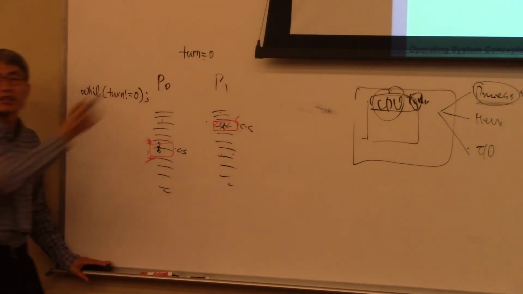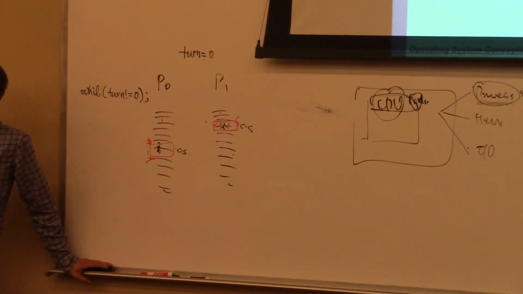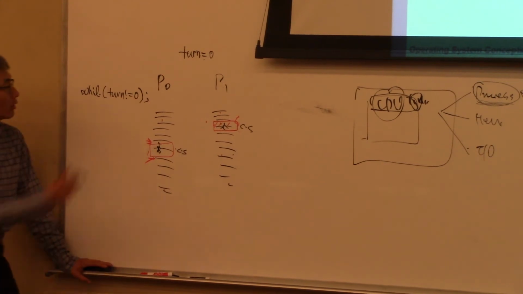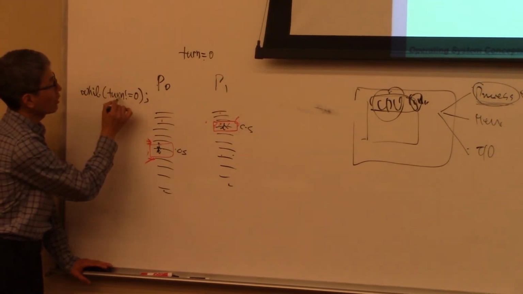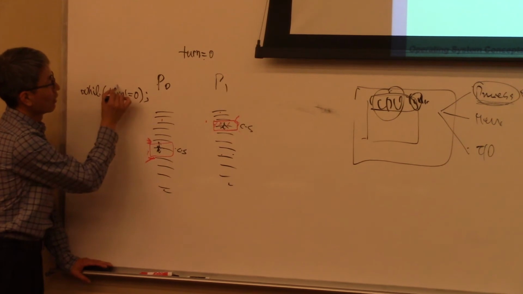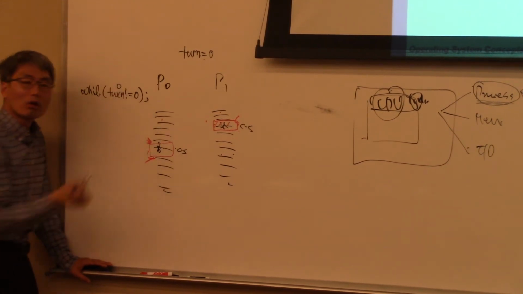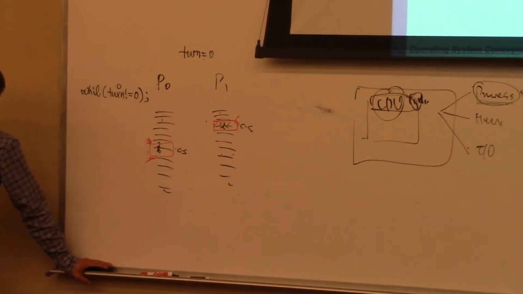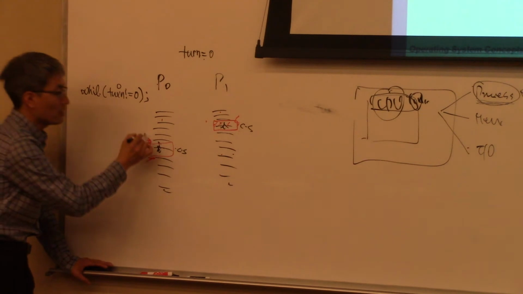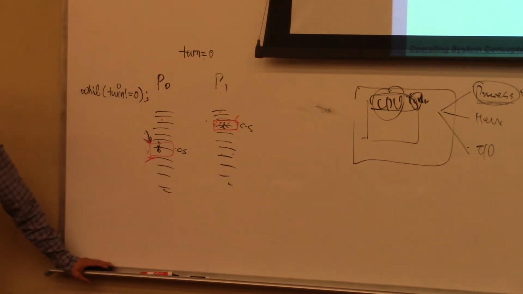If turn is equal to 0, which means process 0 can use the key. Okay? So then check this: turn is not equal to 0. Is it true or false? False. Okay? False means out of the while loop, which means you can enter the critical section.